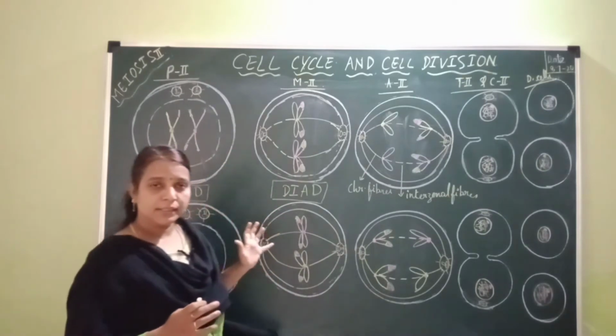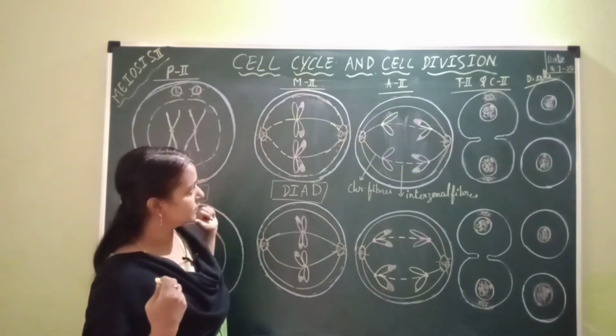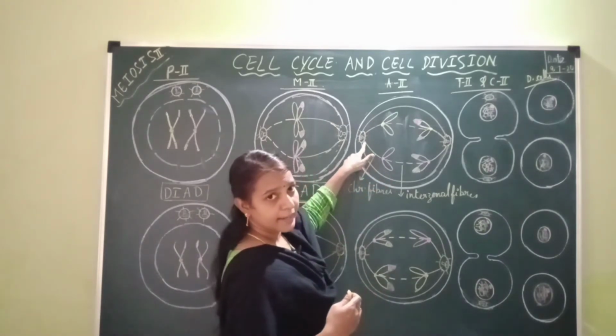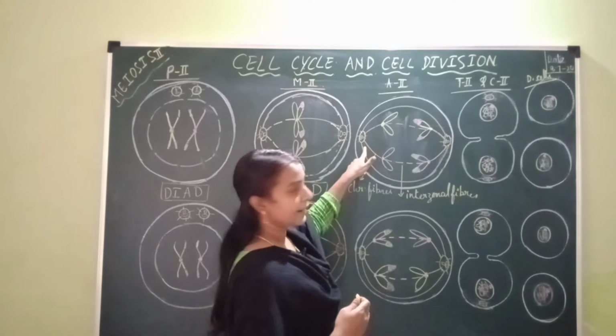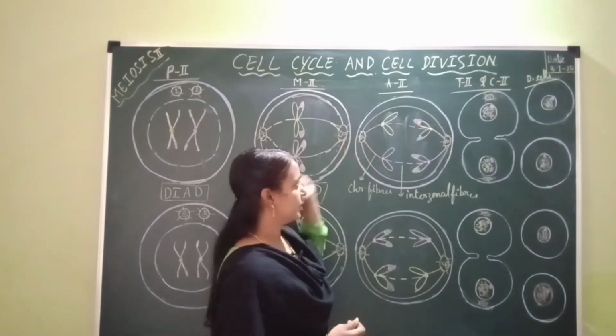So like this, these chromosomes are moving towards two opposite poles of the cell, and during this movement the centromere is at the leading edge and the arms trail behind the centromere. All this we studied in anaphase of mitosis.